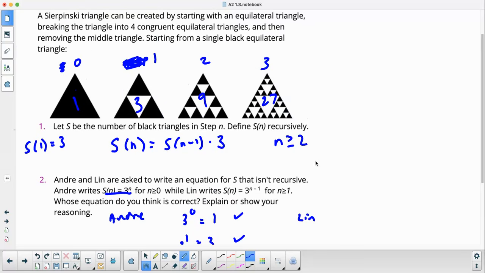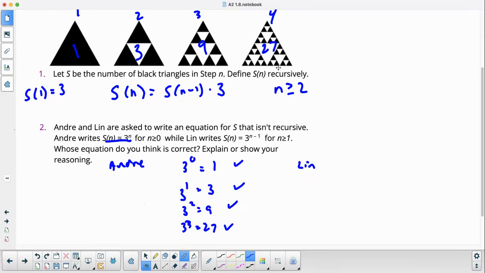Now Lynn, here's the thing with Lynn. Lynn's is going to work if we numbered it the way that we did originally. So if I called this step 1, this step 2, step 3, step 4, Lynn's is going to work also, because it's 3 to the 1 minus 1, 3 to the 0, which is 1. And then we plug in 2: 2 minus 1 is 3 to the first, which is 3, which is what we have here.